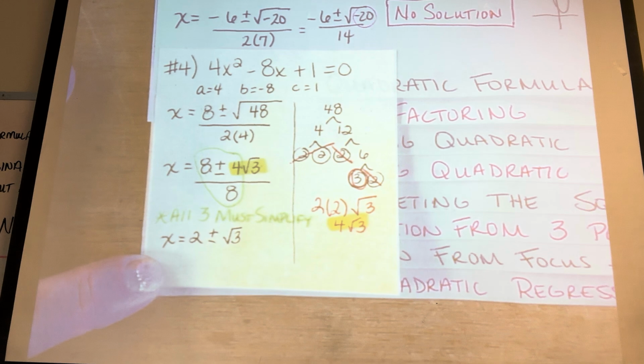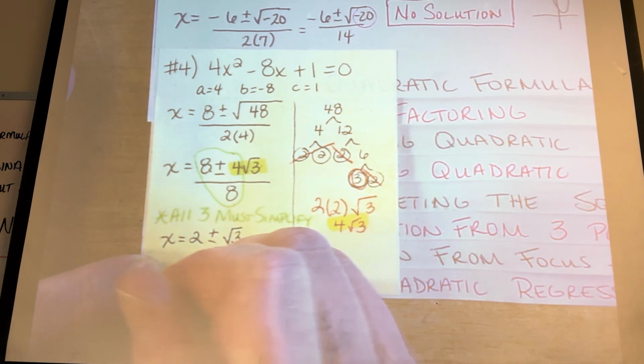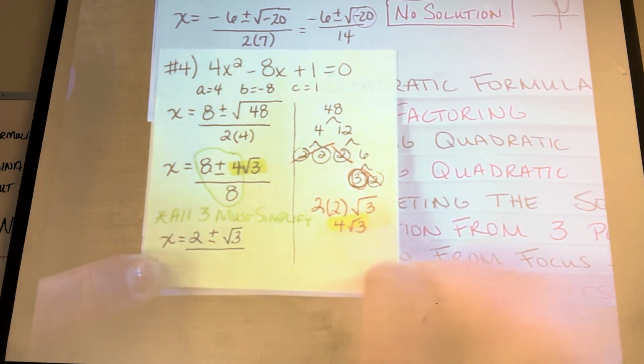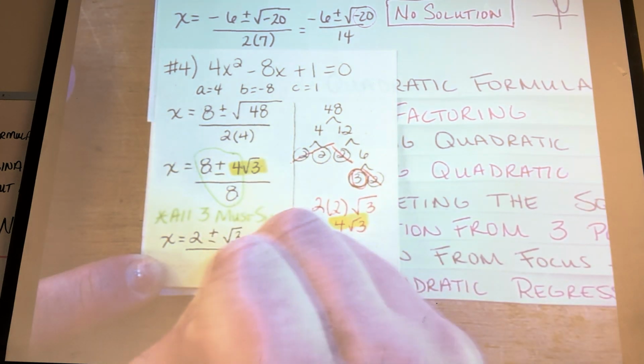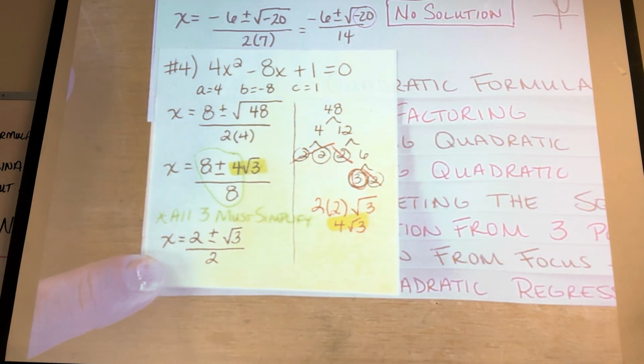But guys, you don't write the understood 1. So the top simplifies to 2 plus or minus the square root of 3, all over 8 divided by 4, which is 2.